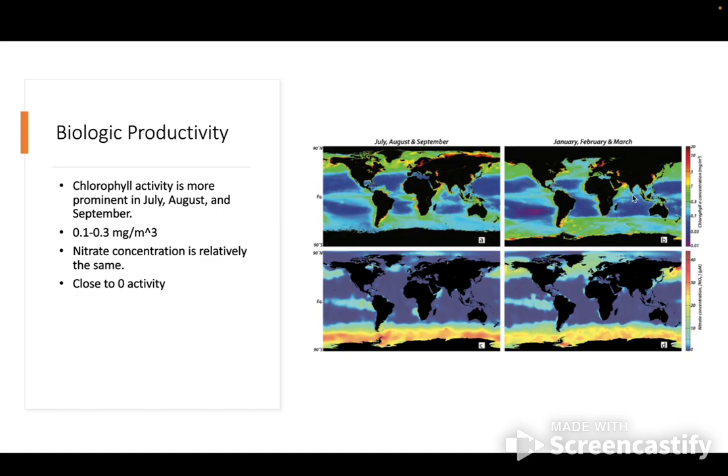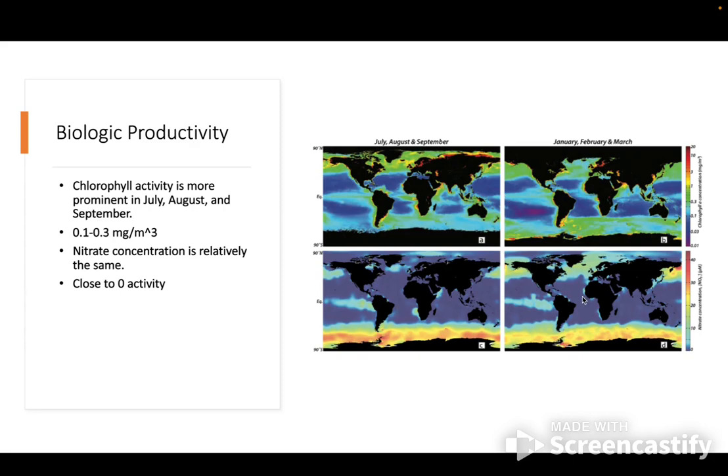In the winter months it's slightly less concentrated. There's a lot more green and teal color here, but here it's more of that darker blue, which means less concentration.